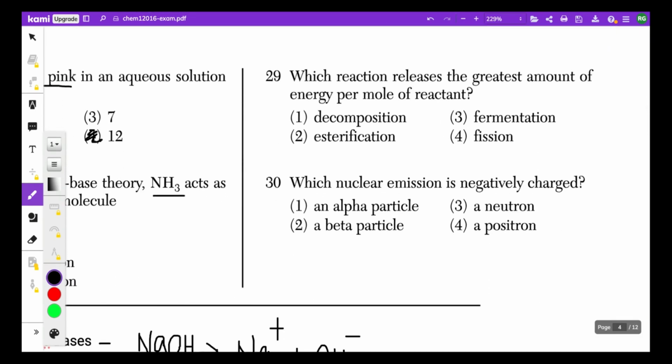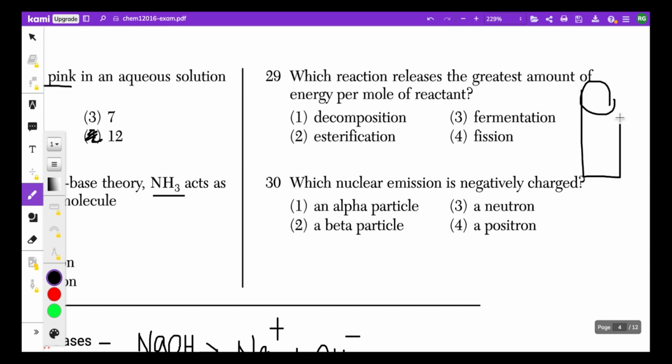Which reaction releases the greatest amount of energy per mole of reactant? All right, let's take a look at answer choice number 4. If you didn't know, fission reactions are the things in nuclear power plants.